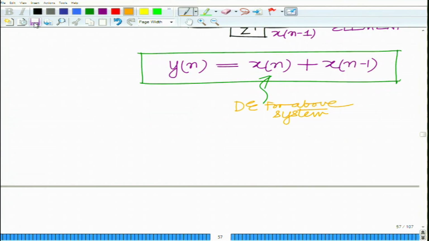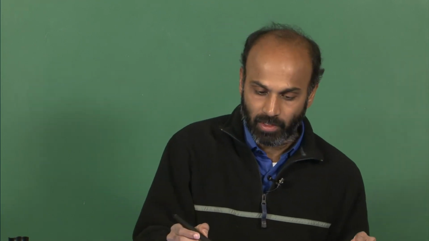Now, to find the impulse response, which is basically the response of the system to an impulse, we set x[n] to be the impulse delta[n] and then find the output of the given LTI system, and that is very simple.